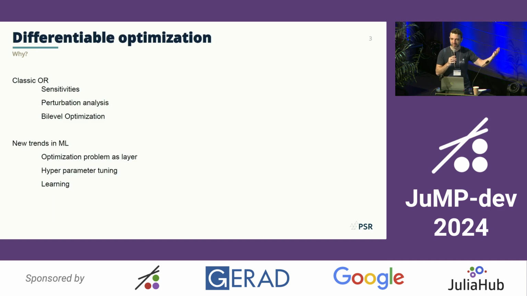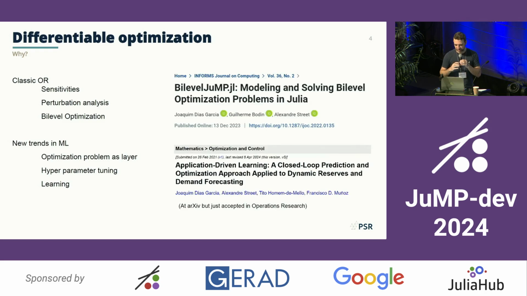You can do hyperparameter tuning, you can do some learning. I was especially interested in these two things. One of them led to the development of BilevelJuMP, and the other one to one of my papers from my PhD, in which I was doing these learning algorithms where, like Andrew said, you want to optimize your forecast given the final cost of your application.